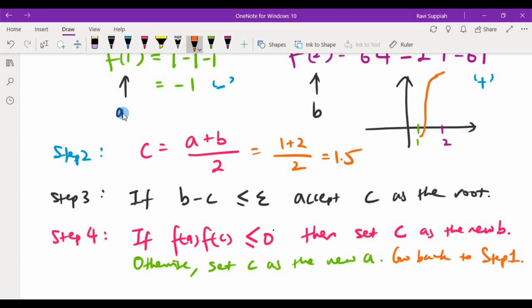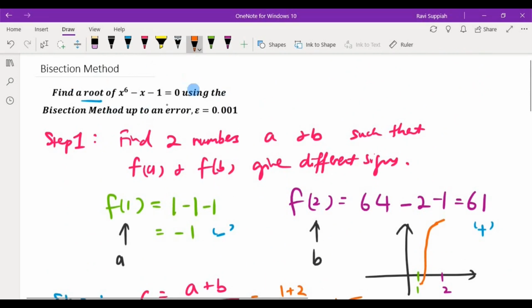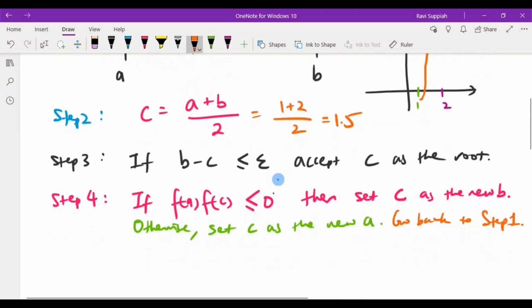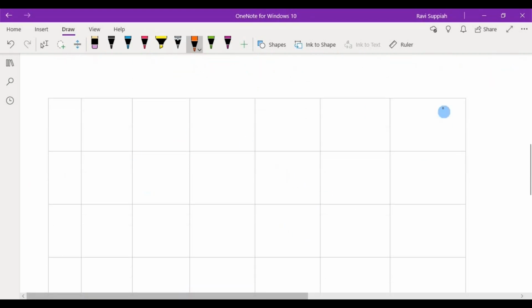These are the steps that we need to do. Now let me go through these steps for this question over here, and you can see how we are actually applying these steps to solve the problem. To do this question using the bisection method, you need to have a table. I've already drawn out a table here.